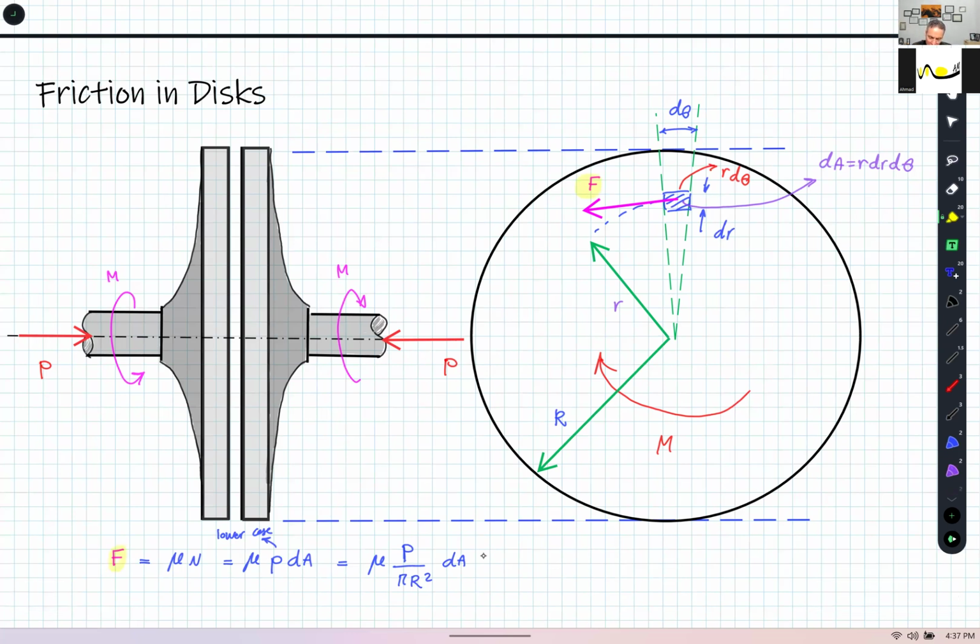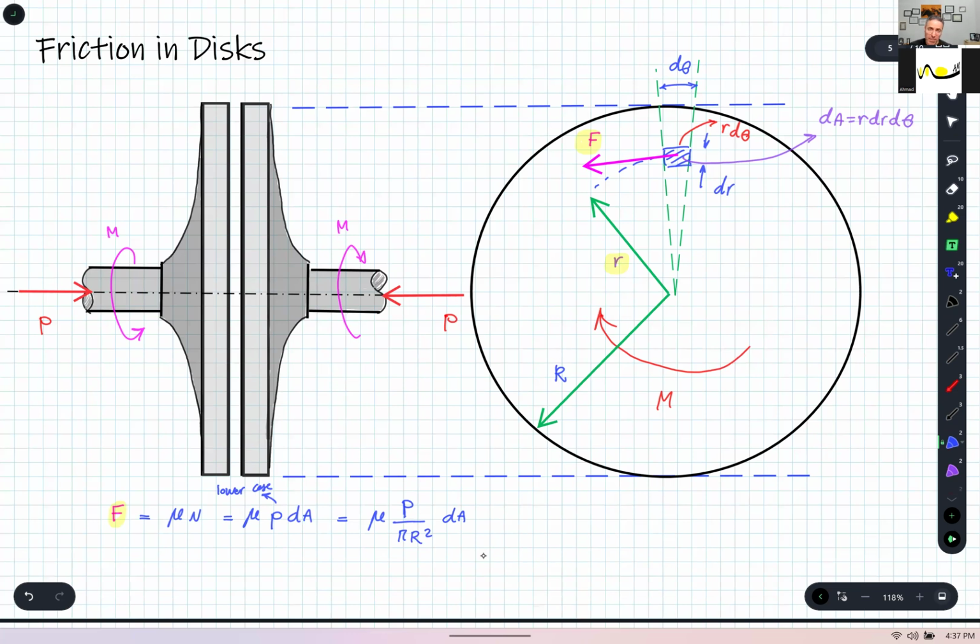If I multiply this F by R, then it gives me a small m, the moment about point O, the center of this disk.